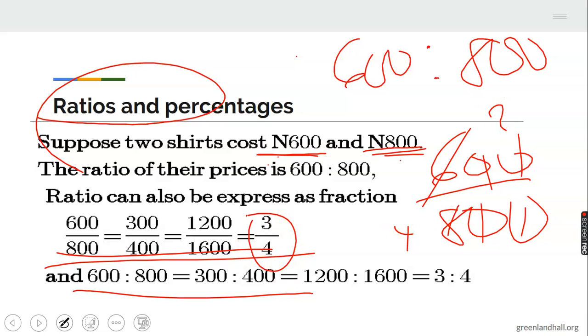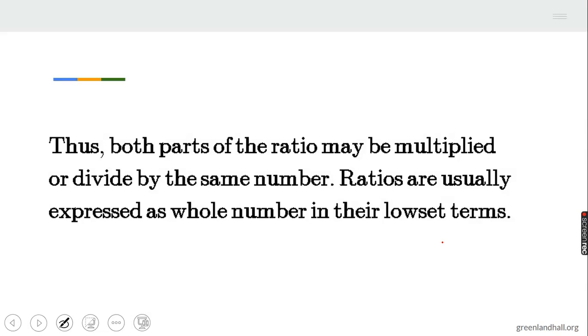That is the lowest possible that we can express. You can see 3 over 4 can also be expressed like this. We can also move from common fraction to ratio. Both parts of the ratio may be multiplied or divided by the same number. Ratios are usually expressed as whole numbers in the lowest terms.